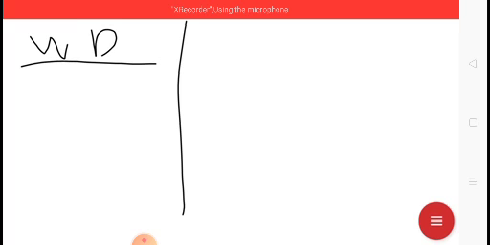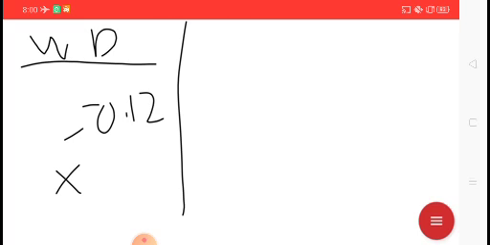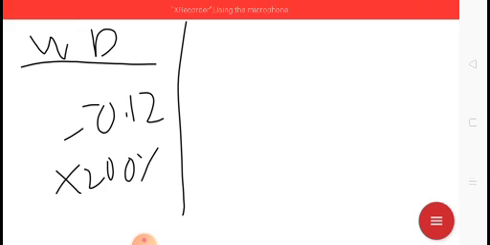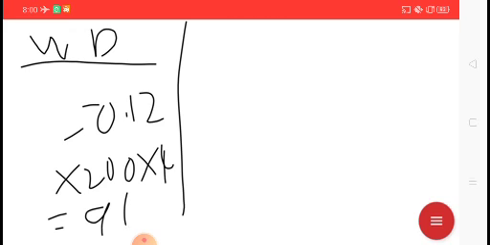So the work done that you need to overcome is equal to 0.12, the coefficient of friction, times 200 times 4, right? So you will have 96 joule. This energy is for you to overcome the friction. You need to expend it, meaning you already give it out.